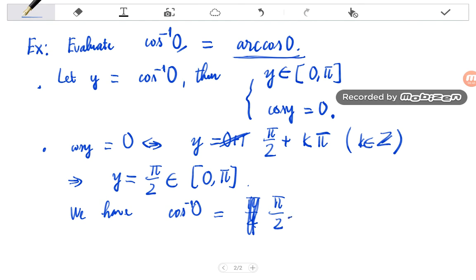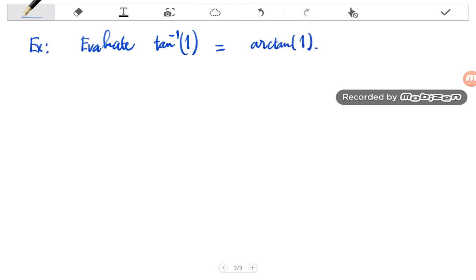Next, we will consider another example. Evaluate the value of the inverse function of tan at 1, or we can read simply arctan 1.